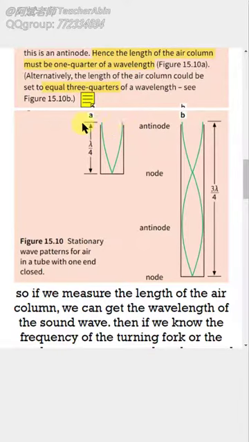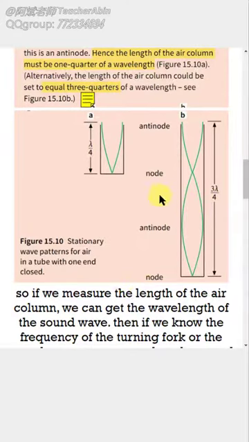Now back to the length of the air column. So now you know what's the appropriate length of the air column for a standing wave to occur in it. The smallest length is 1/4 of a wavelength, and the second smallest length is 3/4 of a wavelength, and so on.